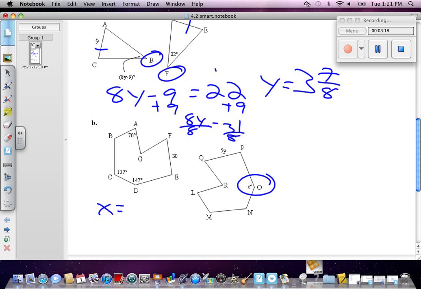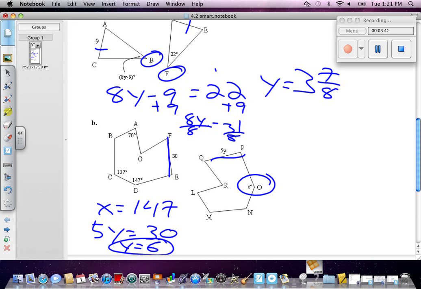That means X is congruent to D, so it's 147 degrees. Now we've got to find out what QP is, which is 5y. Those two sides are equal to each other, so 5y equals 30. Therefore, what does y equal? 6.